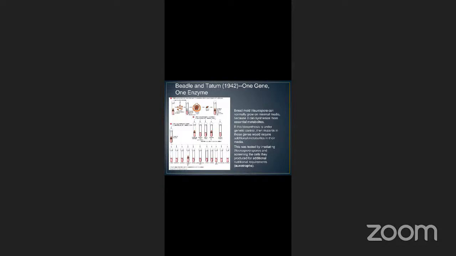Suppose gene A is coding for some enzyme A. If this is controlled by a single gene or one enzyme, and that enzyme is defective, then as I told you, if phenylalanine to tyrosine conversion is controlled by one enzyme and it is defective, we give tyrosine in the food.